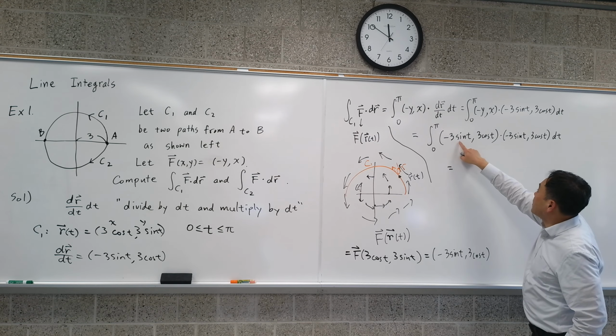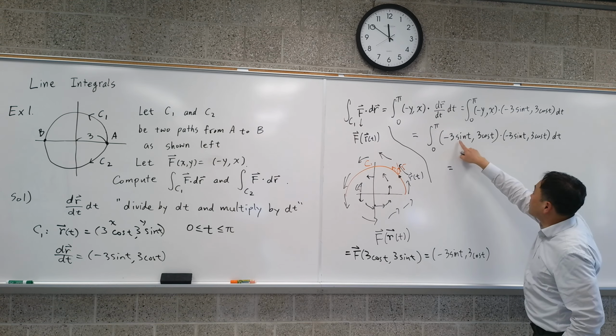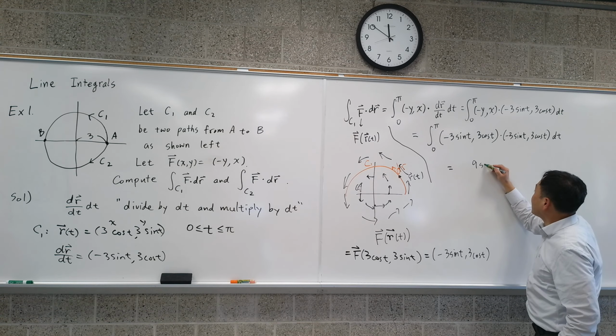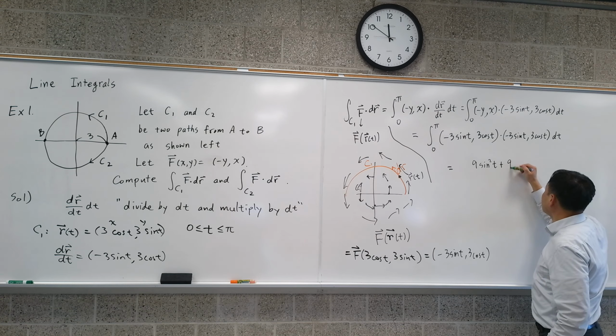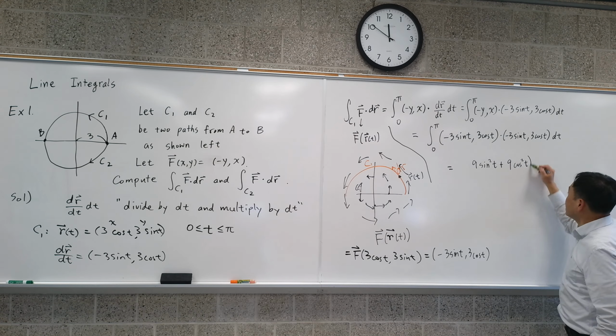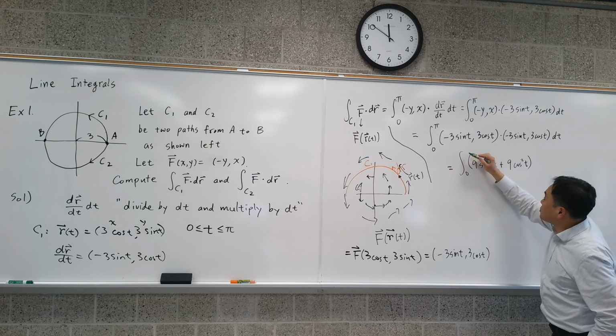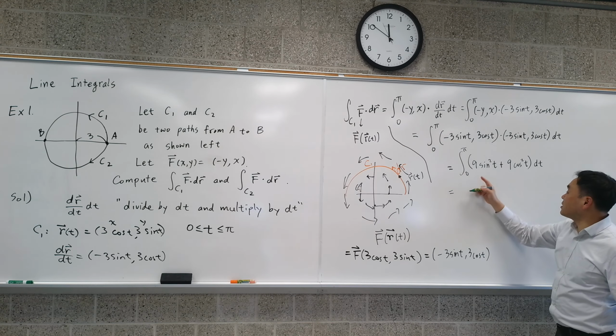When you do the dot product, it's component-wise multiplication and you add, right? So you end up with 9 sine squared of t, because 3 times 3 is 9, plus cosine times cosine is cosine squared, integrated from 0 to pi dt.